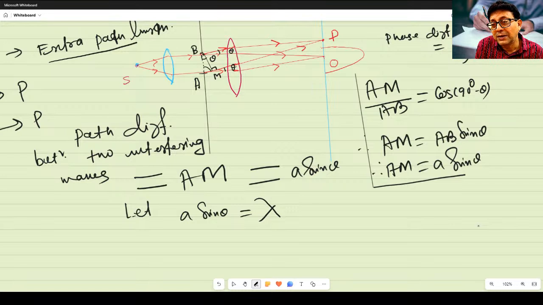You remember, phase difference is 2 pi by lambda into path difference. And we have studied that for maxima of intensity, the path difference was an integral multiple of lambda or lambda by 2, something like this. So here we have to see what happens when we take the path difference equal to lambda or lambda by 2 or 2 lambda or 3 lambda by 2, all these things.